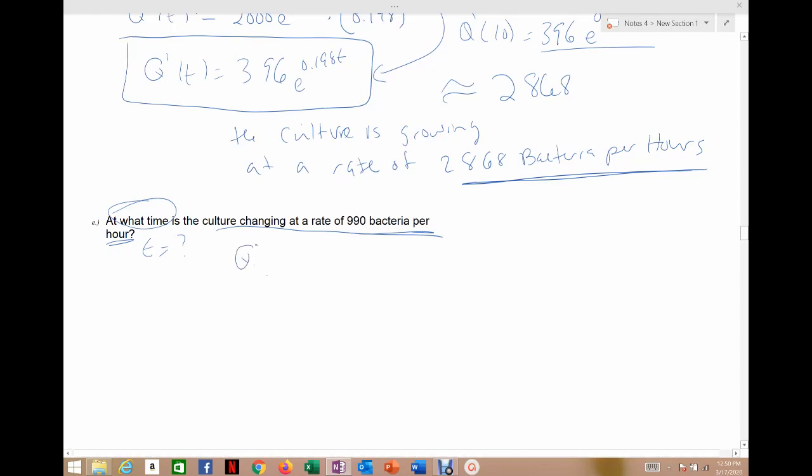So I need my derivative, and I want to actually find this time when it's equal to the 990 bacteria per hour speed. All right, and I'm going to solve for my time. So I'm going to take my derivative and set it equal to that rate of change. So 396 e to the 0.198 times time, set equal to the speed I'm interested in, which is the 990.